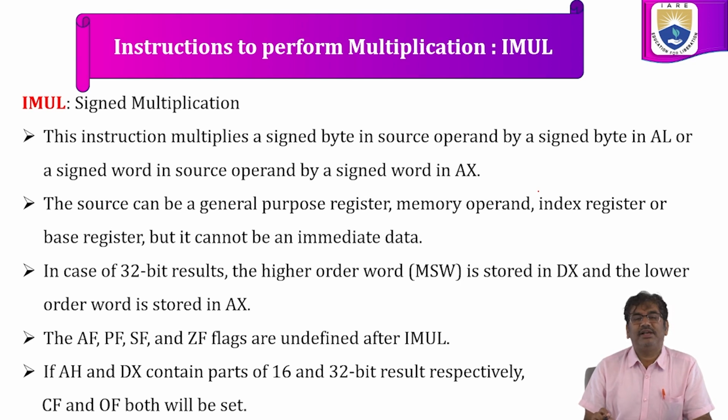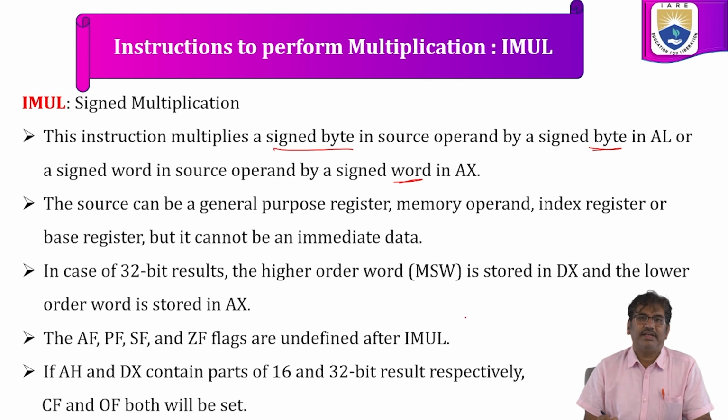So this instruction multiplies a signed byte in the source operand by a signed byte which is in the AL register, or a signed word in the source operand by a signed word which is in the AX register. Here also either byte multiplication or word multiplication is possible.